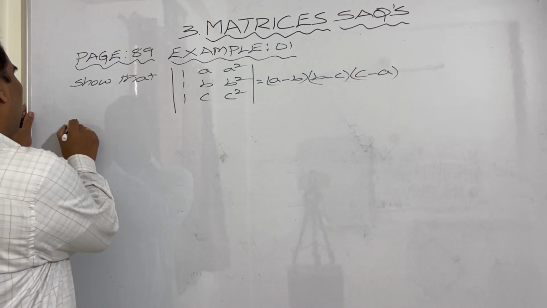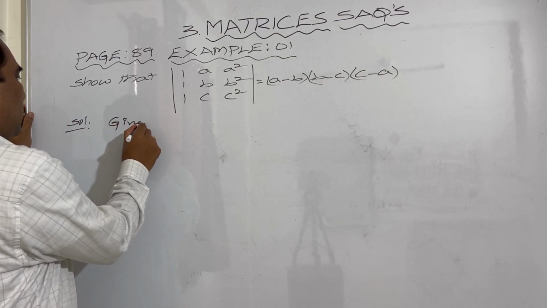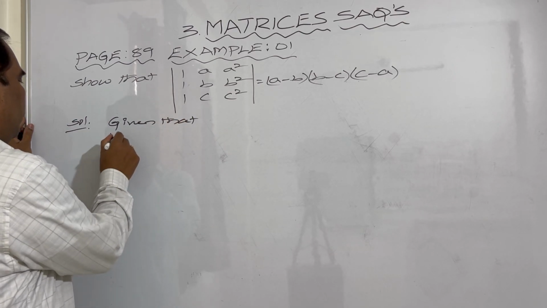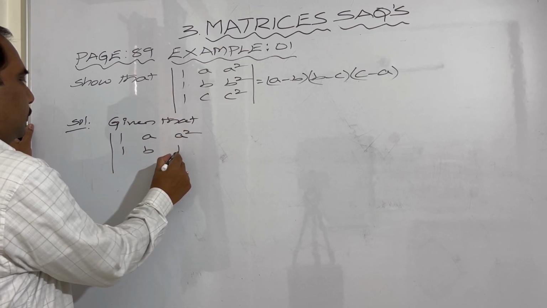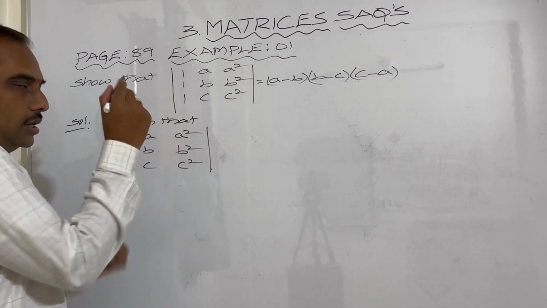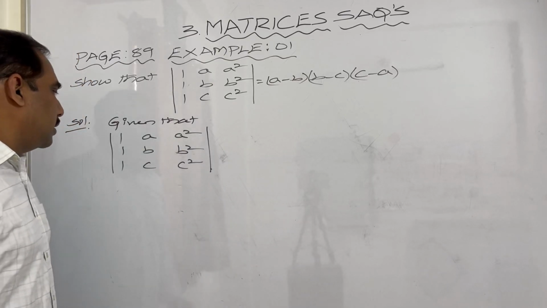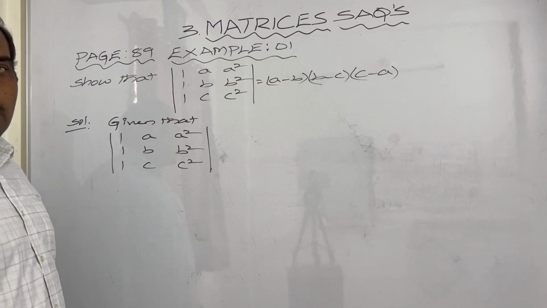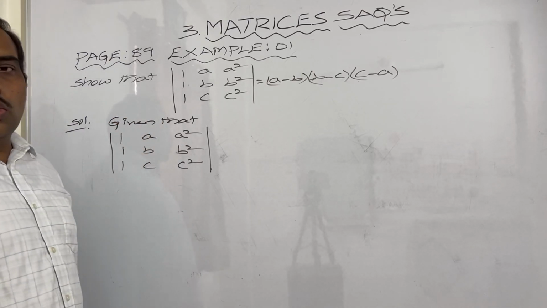Taking the given determinant here, [1, a, a square; 1, b, b square; 1, c, c square]. See here, if you observe that the first column elements are all equal to 1, so now you can apply the row transformations.